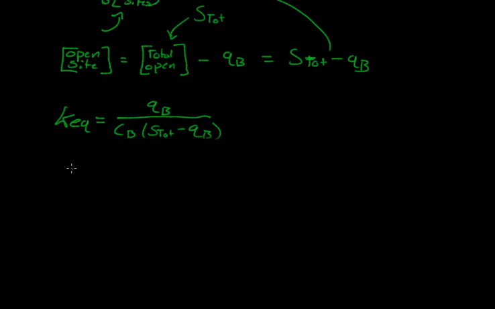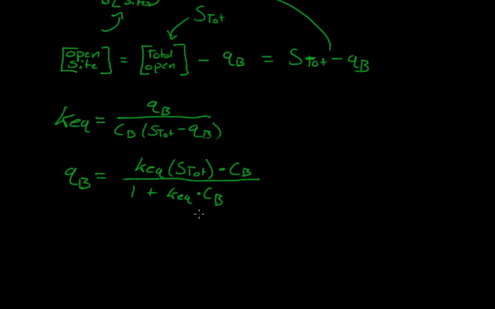Solve this equation for QB, we get QB is equal to KEQ times the total open sites before anything attaches, times CB, all over 1 plus KEQ times CB. And this is the Langmuir isotherm.